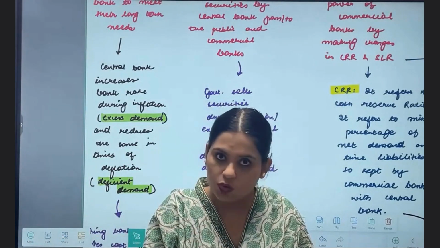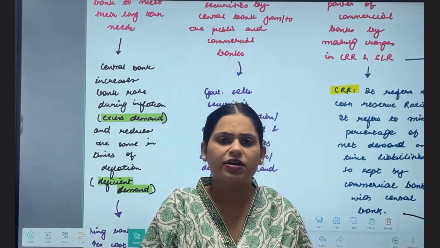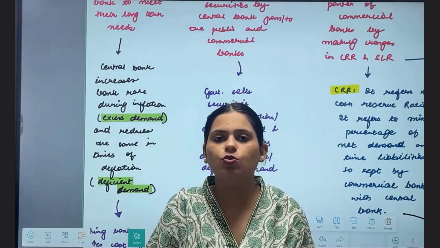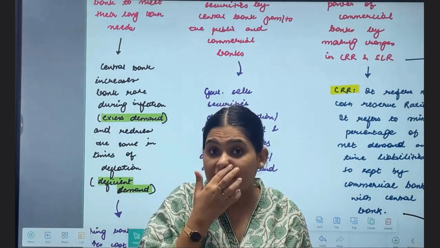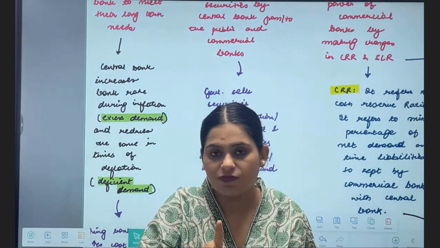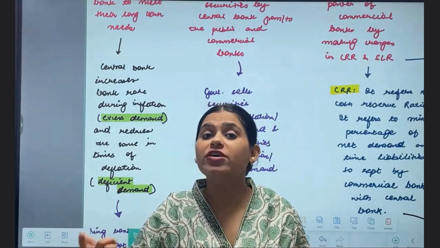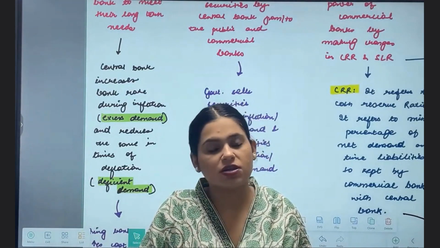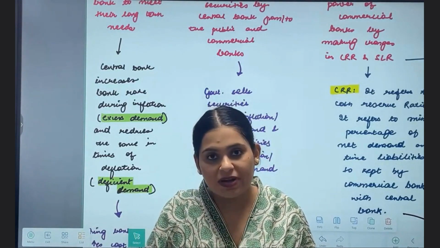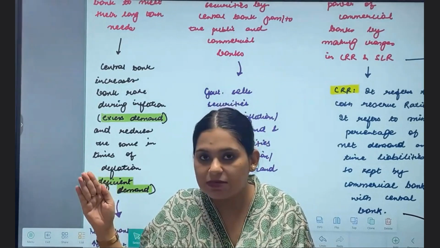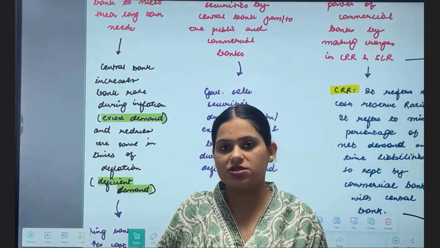If you will get loan at a higher interest rate, will you take loans? You will take less loans. When you will take less loans, what will happen? You will demand less products. When your demand will fall, क्या होगा उससे? Ultimately, the aggregate demand in the economy will decrease.